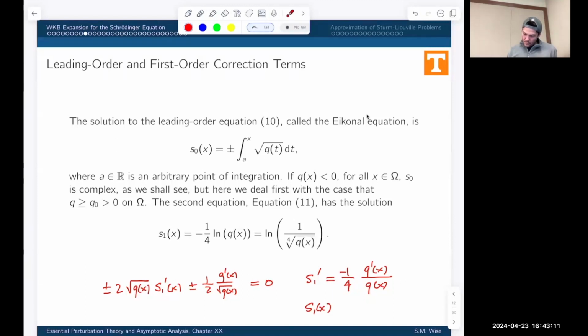Why do we not have to worry about a constant of integration there? Well, that could produce a constant, but we could absorb that constant in the constant we're going to throw out front anyway. Actually, this one does have a constant of integration, so we did keep that one, but we can get rid of this one.